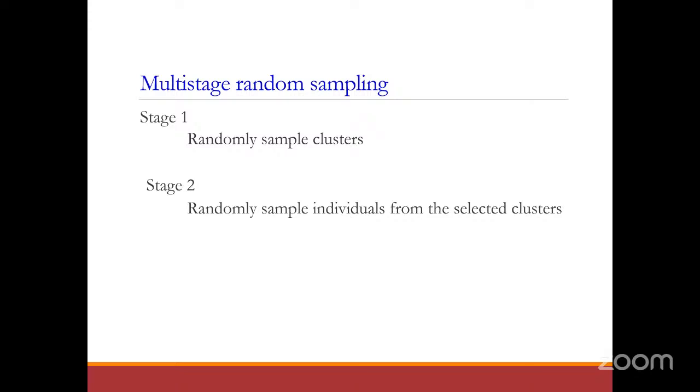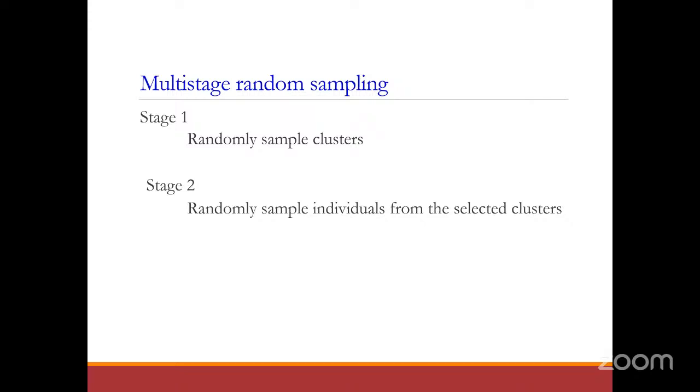In the NFHS, the National Family Health Survey or Demographic Health Survey, they also use multi-stage random sampling. At first, in the NFHS, they select the states. After that they select the districts. Within the districts they select the towns or villages.